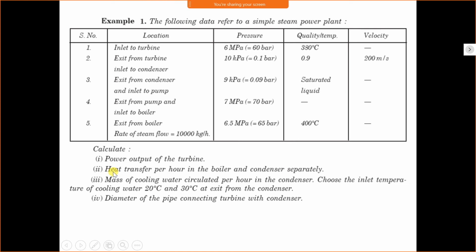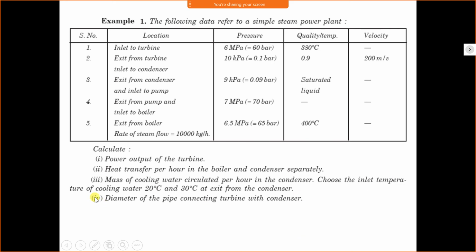Second, we have to calculate heat transfer per hour in the boiler and condenser separately. We have to calculate heat transfer in the boiler per hour and heat rejected by the condenser per hour. Therefore in this case mass flow rate will be used in kg per hour only. Then the mass of cooling water circulated per hour in the condenser, meaning how much water is required to cool the steam.